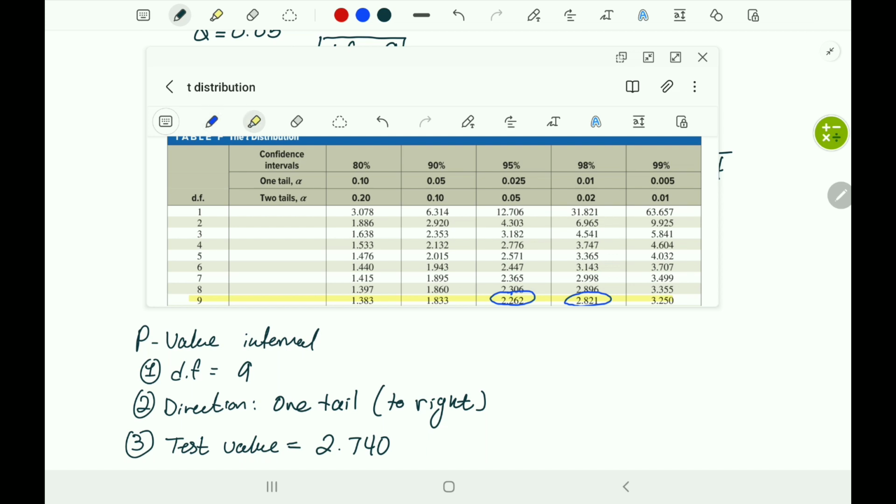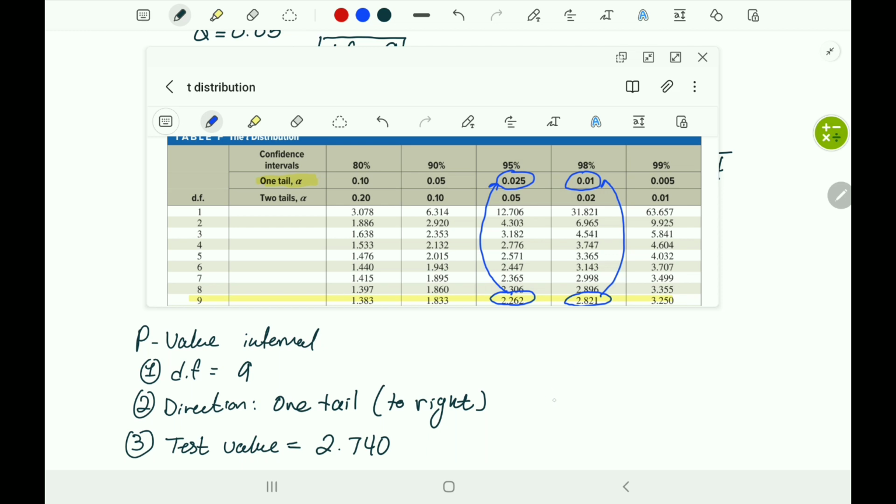Because this is a one-tail test, we're going to use the one-tail alphas to help us find the p-value interval. Because the test value of 2.740 is in between those 2 values, our p-value will be in between these 2 numbers up here. But you must say it in order from smallest to largest.